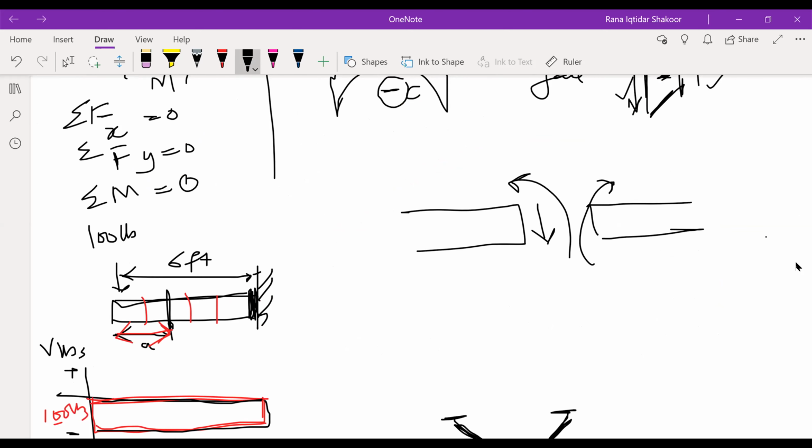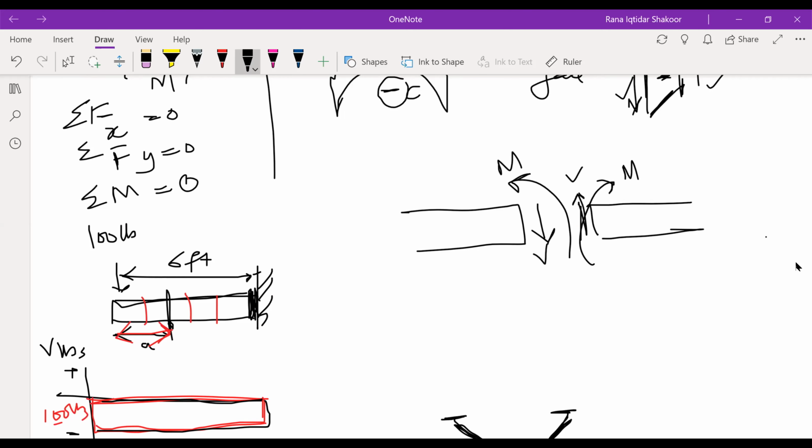These are the positive conventions. This is for the moment, and this is for the moment, this is for the V, and this is for the V, because they are equal and opposite to each other. So for keeping the system in equilibrium, they are necessary.